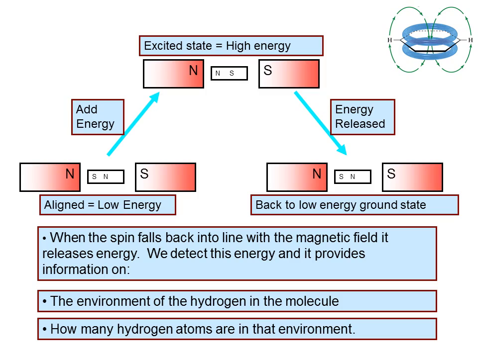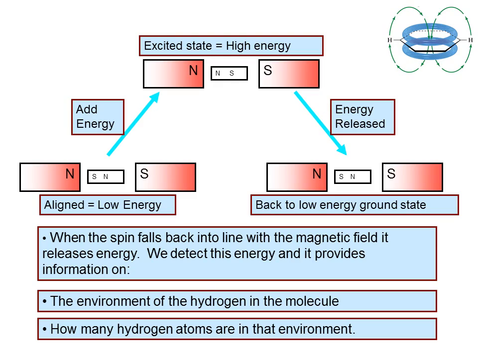Now, how can the nuclei undergo resonance? If nuclei with low energy are affected by an applied magnetic field, they absorb energy and transfer to an excited state characterized by high energy.